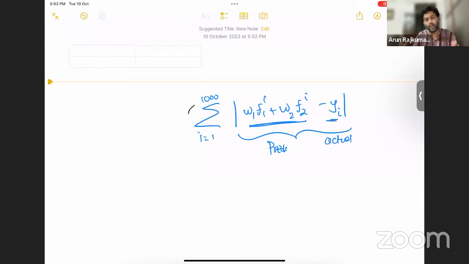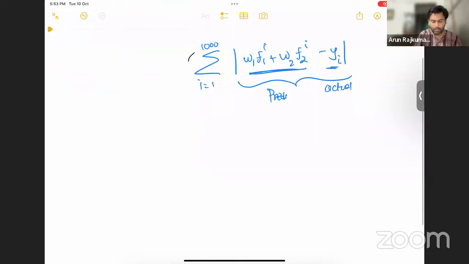Because I did not talk about the techniques that you will use to actually solve this problem, it becomes hard for me to convince you why squaring is better than absolute value. But the simplest reason, fundamentally, if you dig deeper and deeper, is the following.